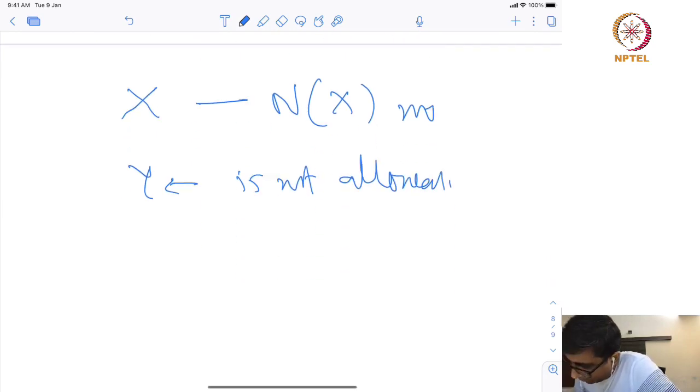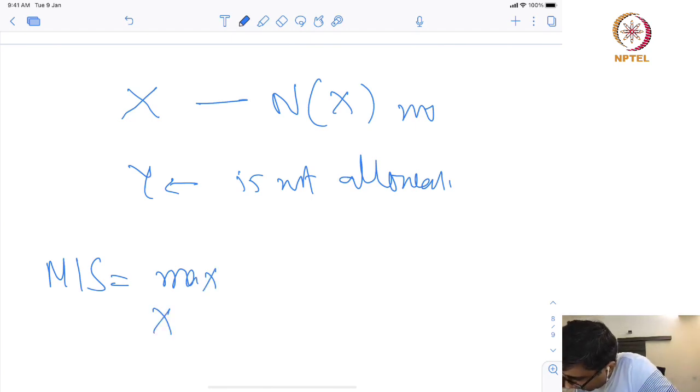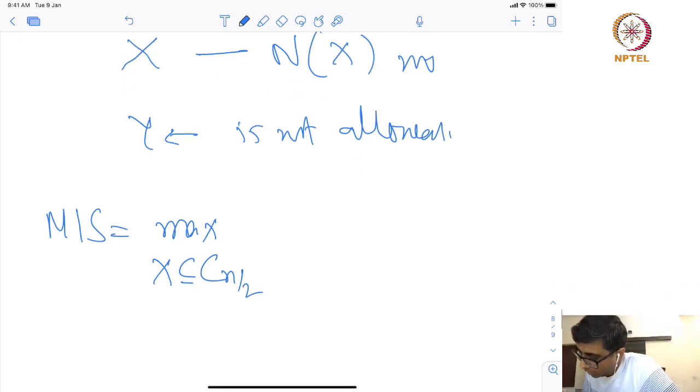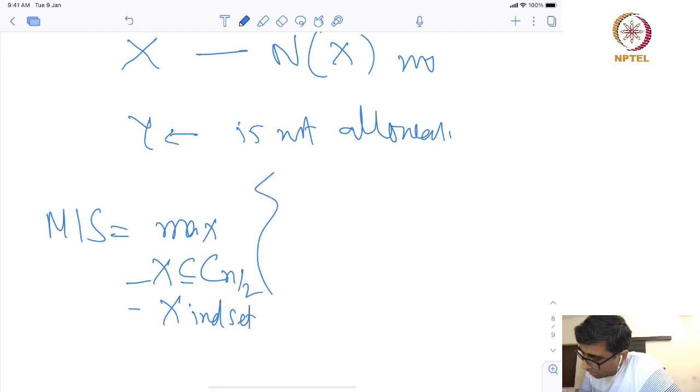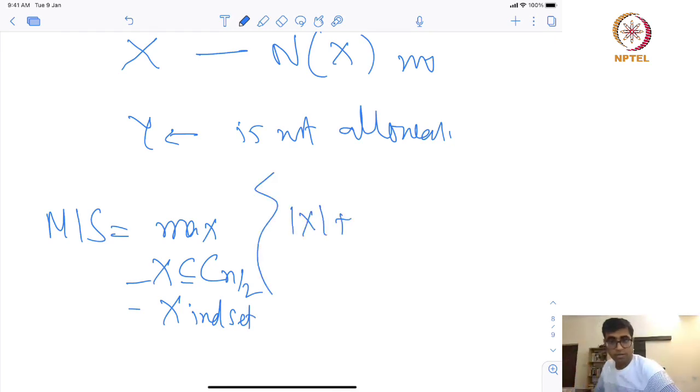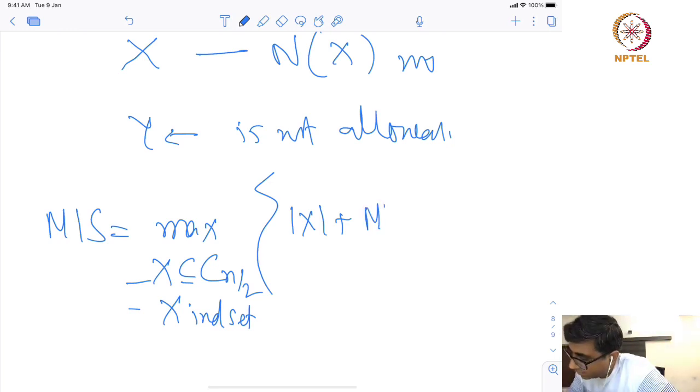Then basically what happens? So the maximum independent set becomes, notice, the max over x subset of column n by 2, where x is an independent set, and plus the size of x, because that you are going to contain. And this is nothing but the max independent set of which graph?